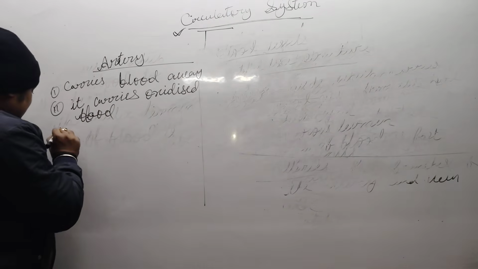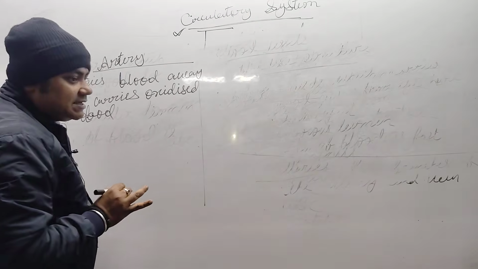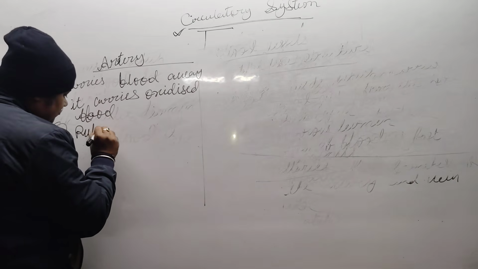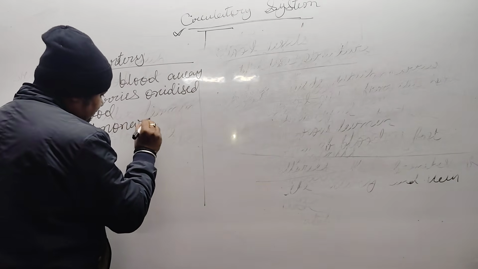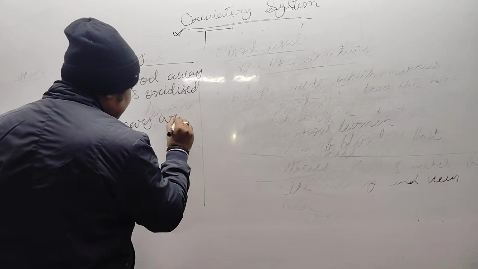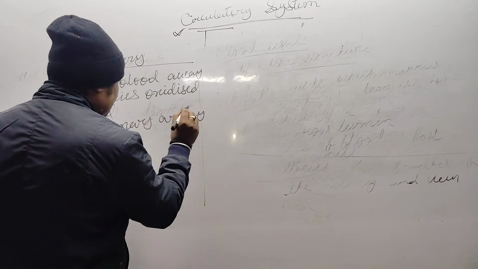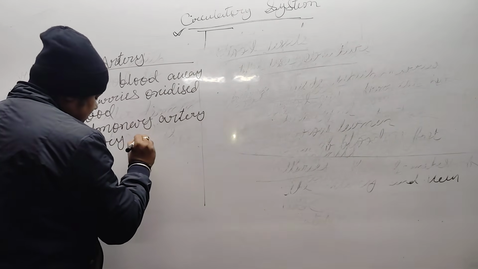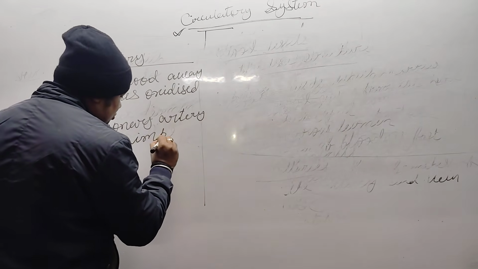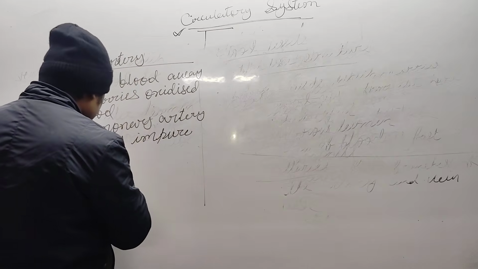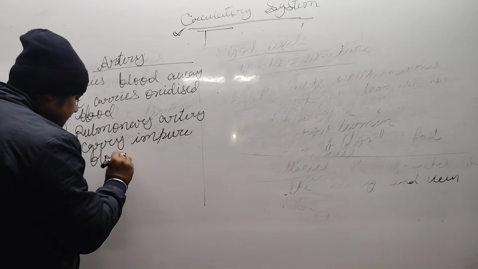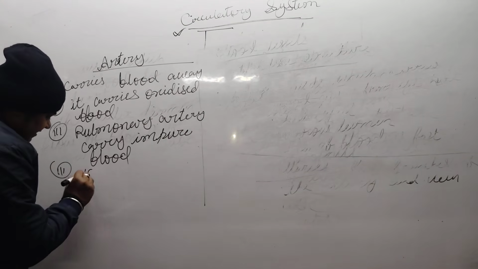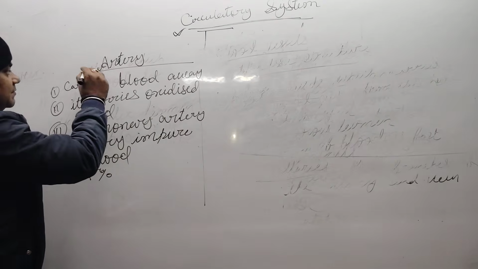All arteries carry pure blood, whereas the pulmonary artery carries deoxygenated or impure blood. Of the total blood, about 15% is carried by the arteries.